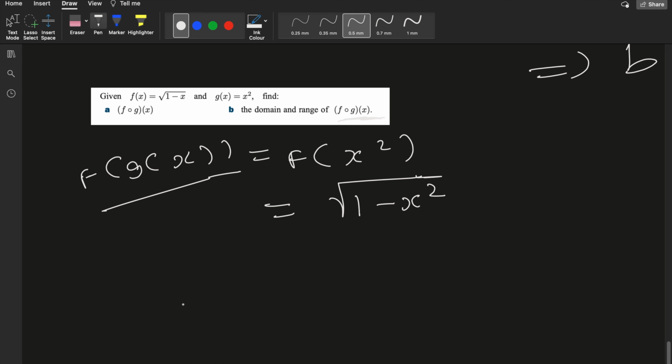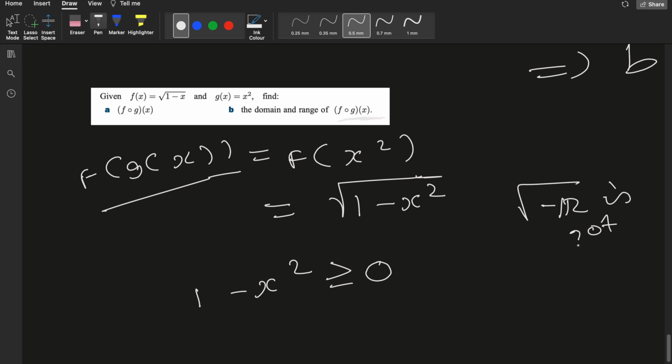So we know that 1 minus x squared must be greater than or equal to 0, because the square root of a negative number is not defined. So this is what we have got to do.